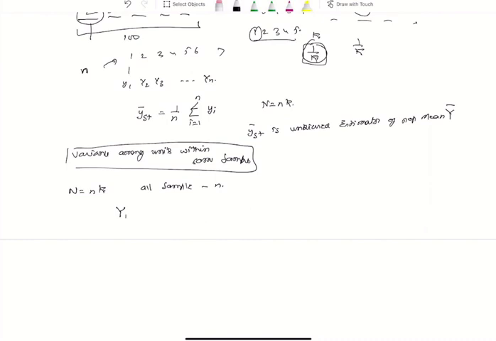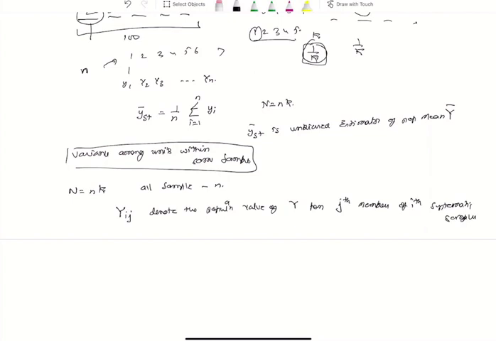Let y ij denote the population value of y from the jth member of the ith systematic sample, right?